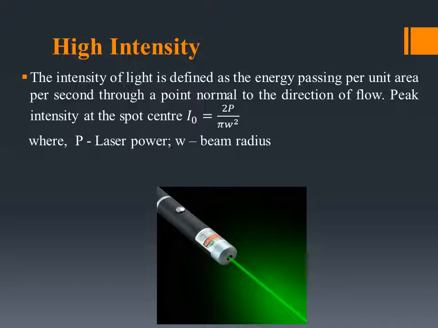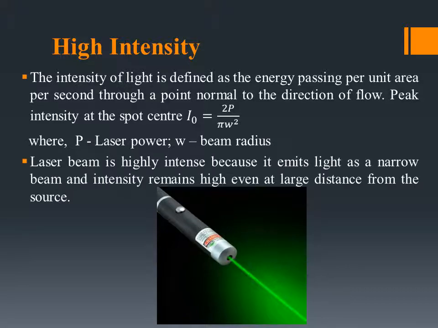The peak intensity at the spot center is given by I naught, which is 2P by pi omega square, where P is the laser power output and omega is the beam radius. A laser beam is highly intense because it emits light as a narrow beam due to its directional nature, and therefore the intensity remains high even at a large distance from the laser source.